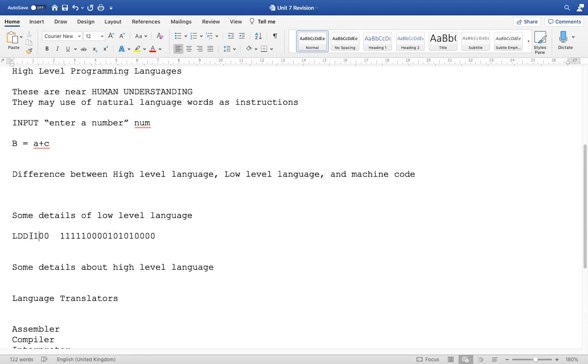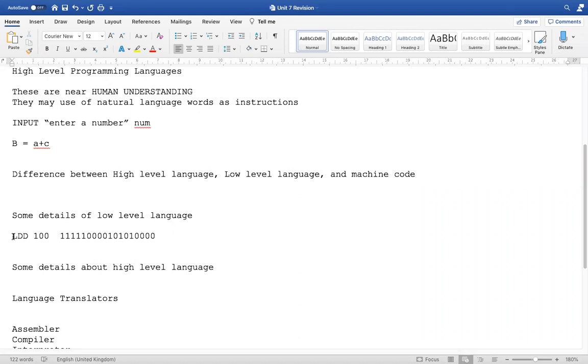Let's say LDD is represented by the left side 8 bits, so LDD is translated into this, and the remaining bits are used to translate this. So only one assembly code line, when translated into machine code, results in only one machine code line. As you can see, it's always a one-to-one relationship. One line of assembly language results in one line of machine code.